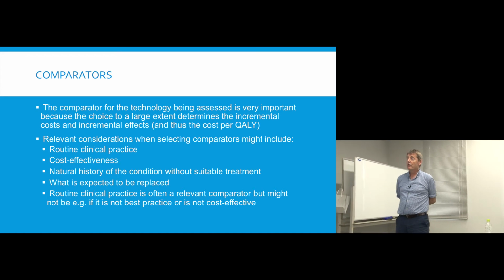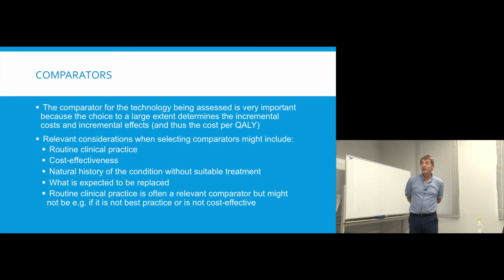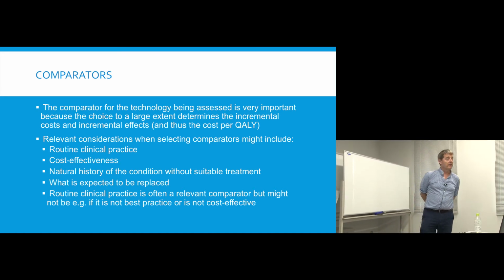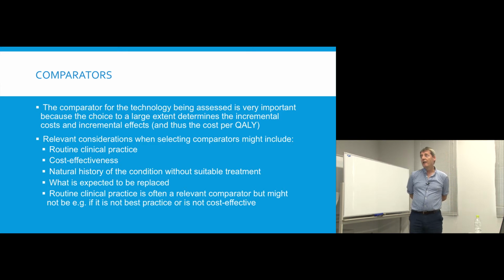Sometimes, perhaps the most appropriate comparator is natural history. This would be a situation where for the condition that you're looking at, there isn't really currently any suitable treatment. And so the most appropriate thing is what happens if the patients are simply left with that condition. What is the natural history of it?